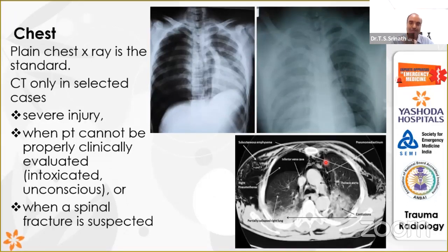So now the next important one, what I told you in my first few slides: whenever you see a chest X-ray, don't forget to write these things. Ensure that for every patient, a chest X-ray column is there. If you go in for the WHO trauma protocol column also, there is an important thing.